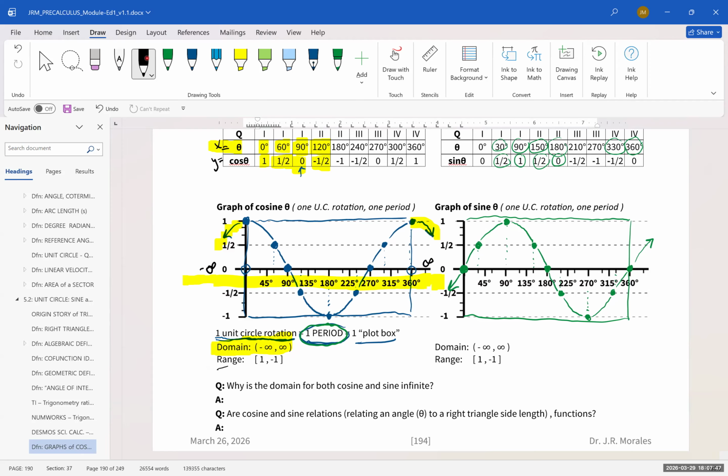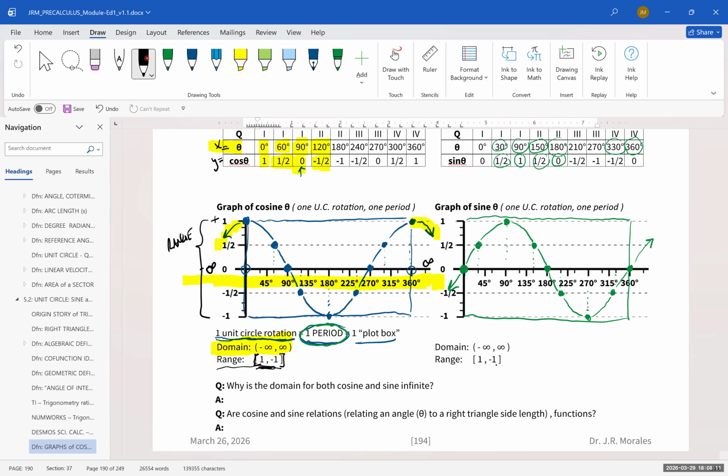Okay. And now if we look at the range, what is the range of cosine theta values? Well, they go from positive 1 to negative 1. So that's the range. So from positive 1 to negative 1. And we've got brackets here to show that it includes those values.